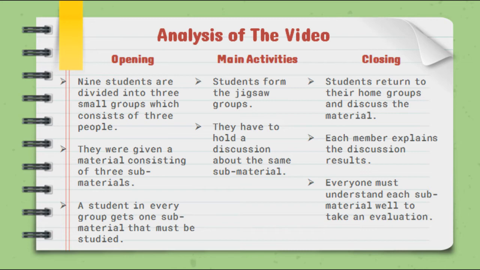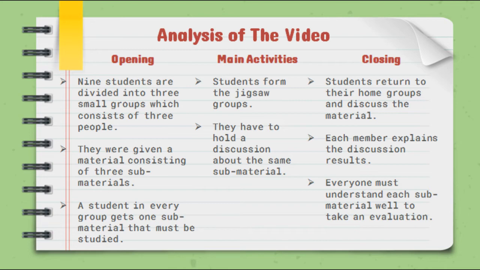and they have to read and do assignments individually. In the main activities, students in the home groups divide themselves and form a new group with the same submaterial. This is called an expert group or jigsaw group. They have to hold a discussion about the submaterial and express their opinion regarding the text. This discussion is also limited by time.